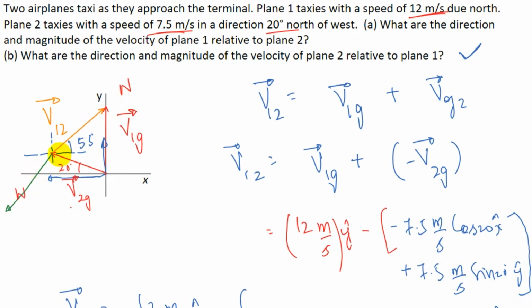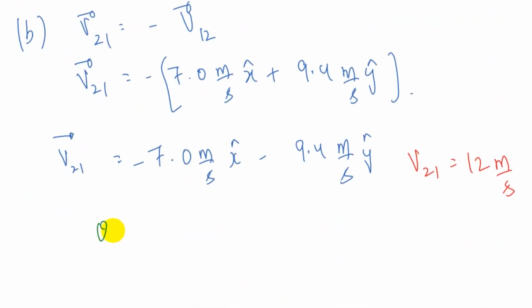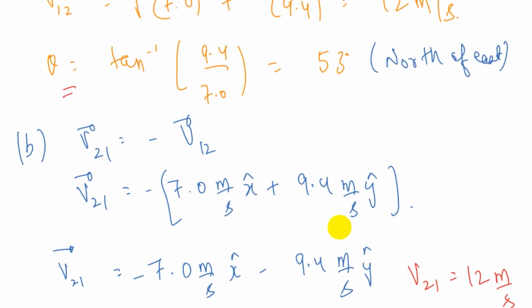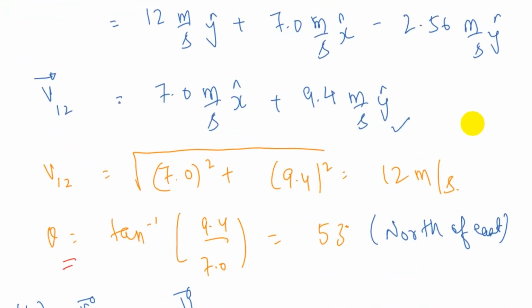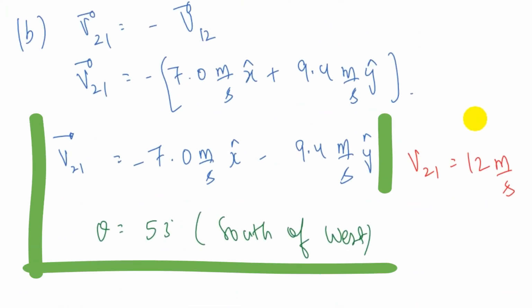The magnitude will remain the same, just the direction is reversed, and this angle theta will be 53 degrees, but this would be south of west. This is our north direction, this is the east, this is the south, and this is the west. So this will be south of west. I hope you got the problem. If you have any problem, you can comment in the comment box below.